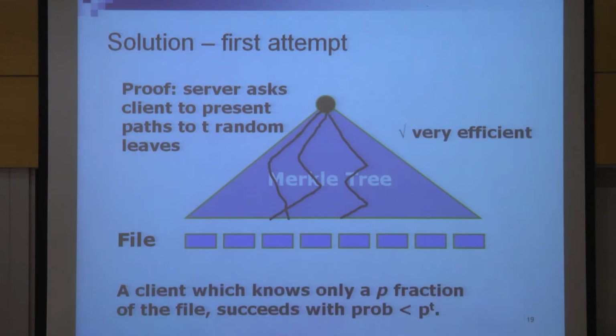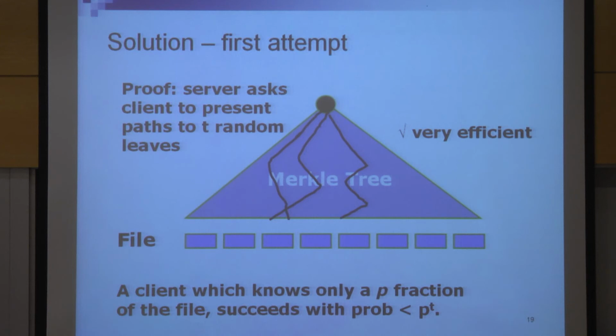The proof shows that if a client knows only a p fraction of the file, it cannot succeed with probability better than p to the t. This is nice. It's very efficient, but there's a problem here. What if p isn't so great? What if the guy on the other side knows 90% of the file, and now wants to prove something?